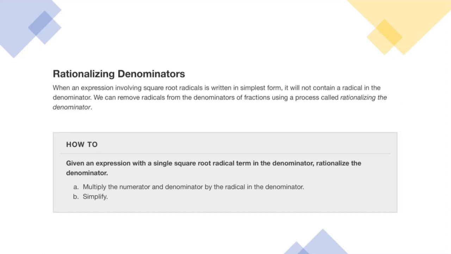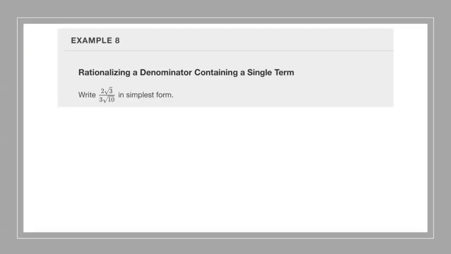So given an expression with a single square root radical term in the denominator, rationalize the denominator. Multiply the numerator and the denominator by the radical in the denominator and then simplify, right? We're asked to write this expression in simplest form. So let's give it a go. Let me start by getting a copy.